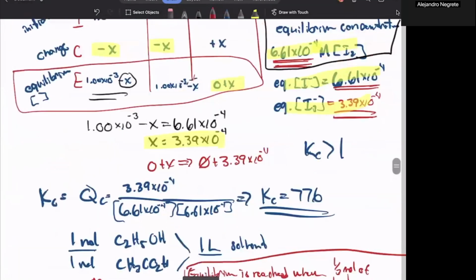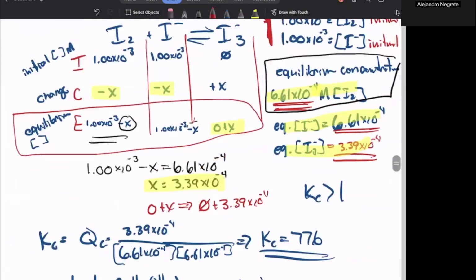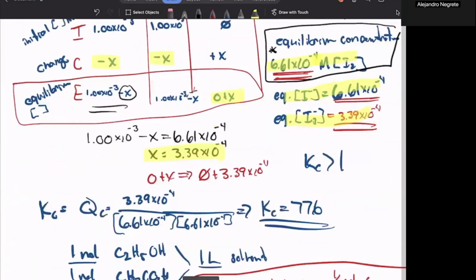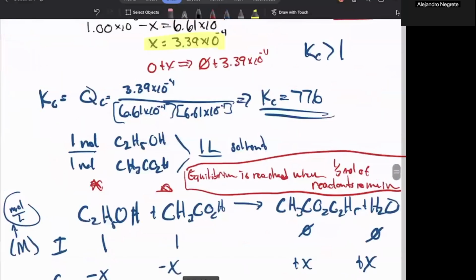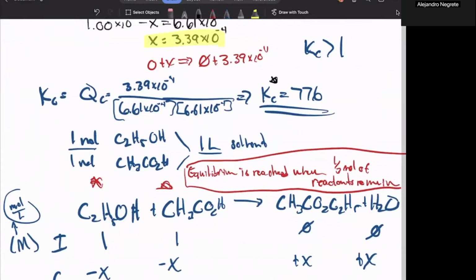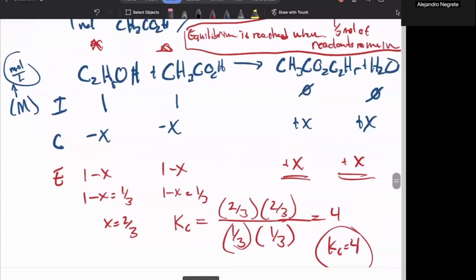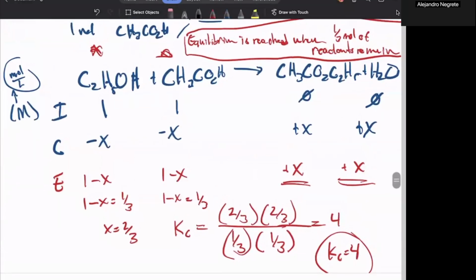In the previous problem up here, I provided you with one of the equilibrium concentrations, we solved for x, and then we calculated K sub C. Again, we were provided with the equilibrium concentration: 1/3 mole when 1/3 mole of the reactants is left.